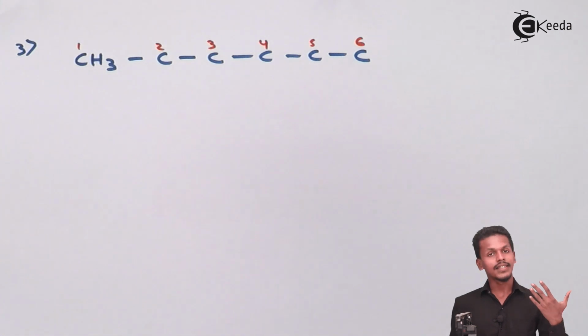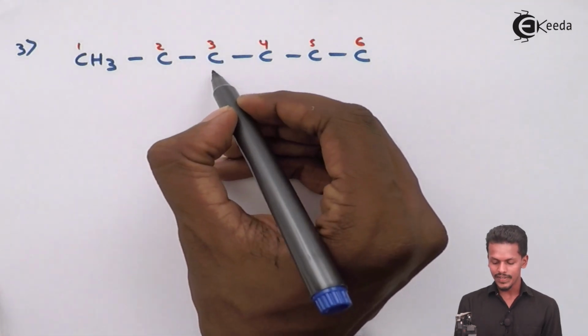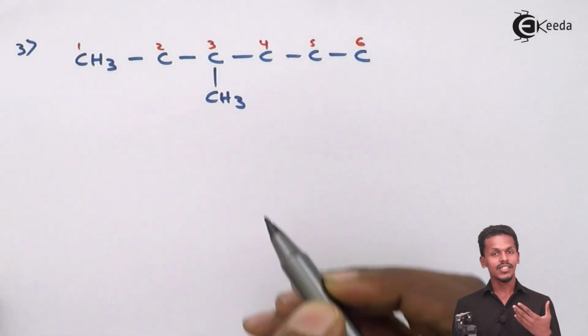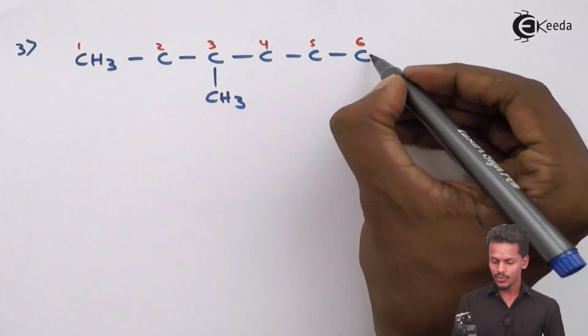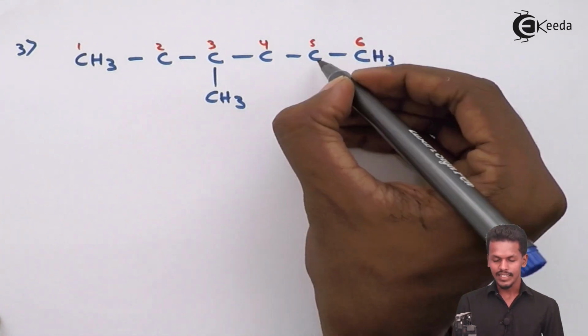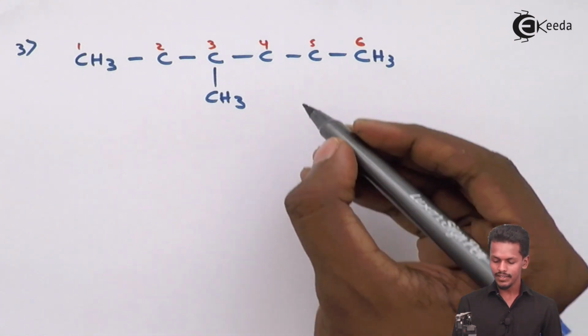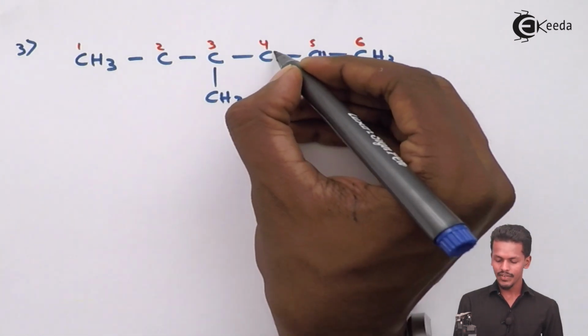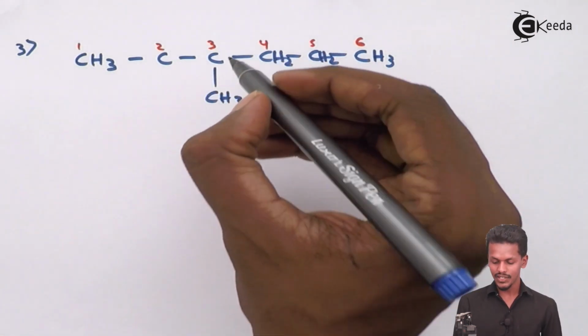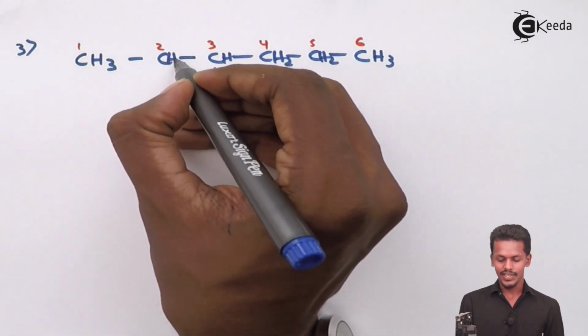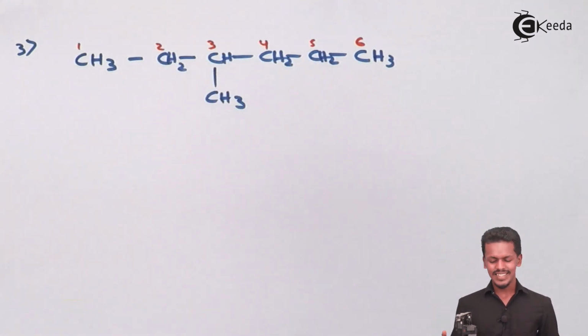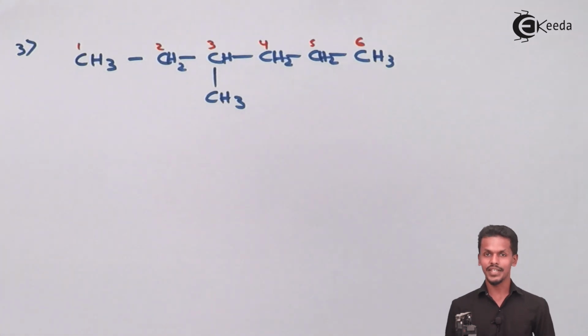At the third carbon atom the methyl group would be present, and we fulfill all the hydrogen atoms. So this would be CH3, this is the methylene group, so CH2, again here CH2, and here CH, while here it would be CH2.